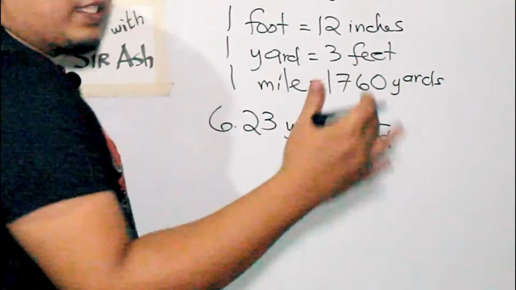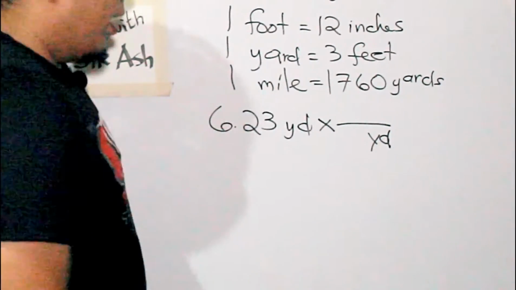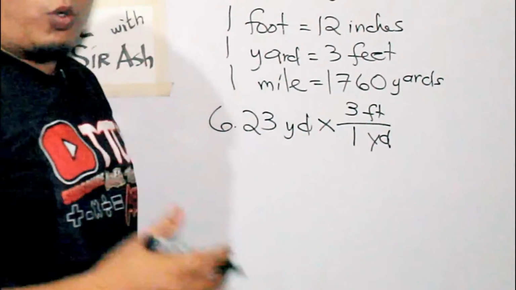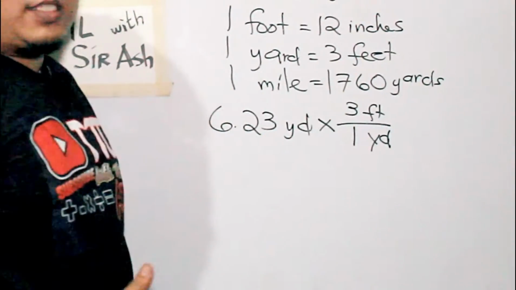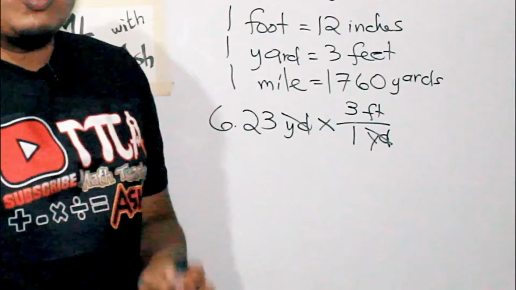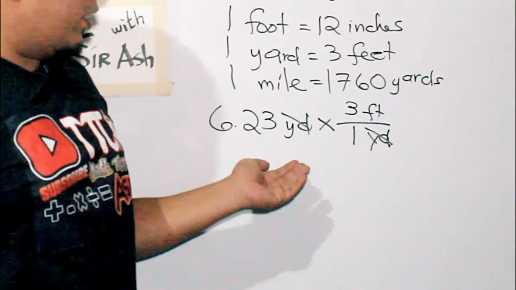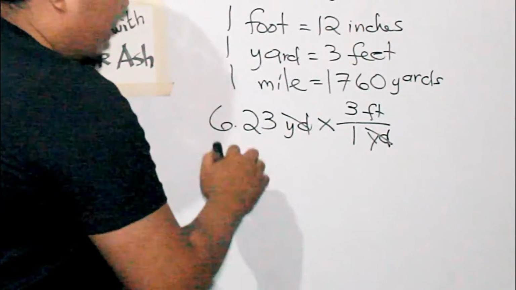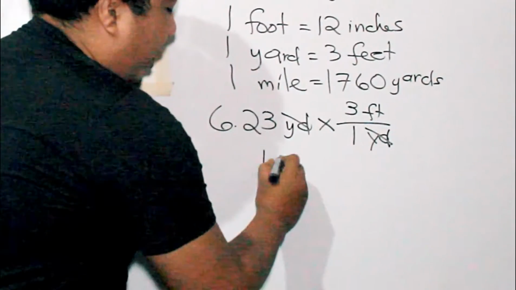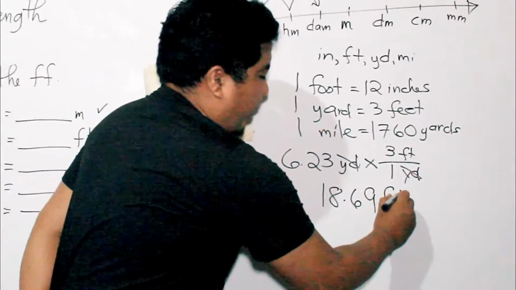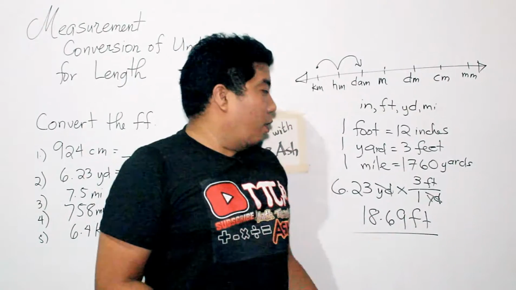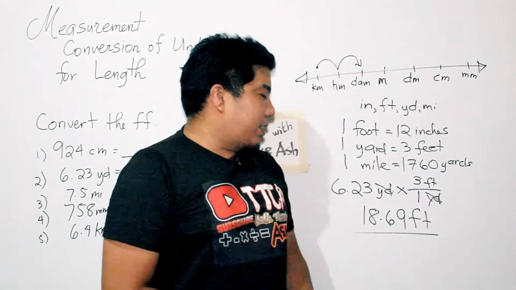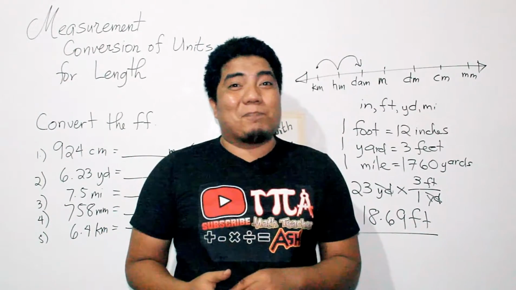The conversion is 1 yard is equal to 3 feet. So you just multiply 6.23 times 3 divided by 1. We already cancelled our yard. That gives us 6.23 times 3, and that is 18.69 feet. This is the value for the conversion of 6.23 yards to feet. Easy, right?